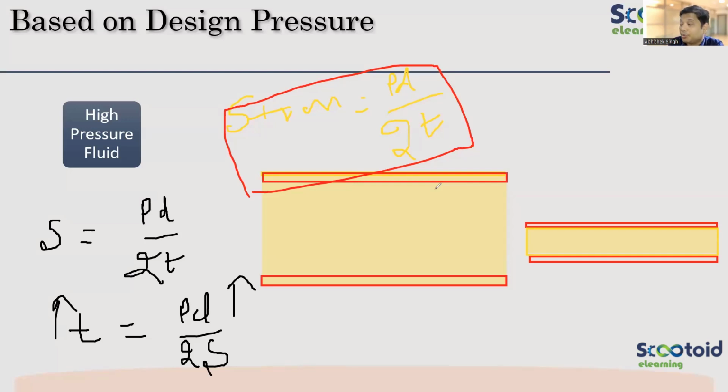So you would like to keep it in the tubes so that even the smaller thickness will be able to contain that high pressure. Smaller diameter will be able to contain the high pressure because thickness requirement will be less. Making sense, guys? Is it clear? Hope it is making sense now.